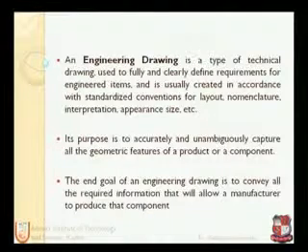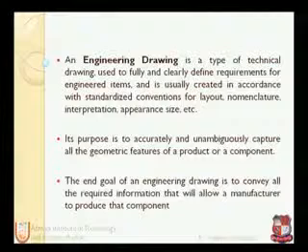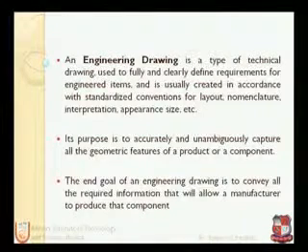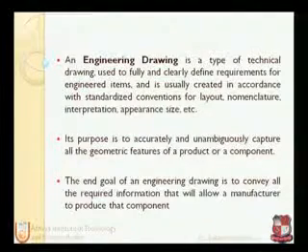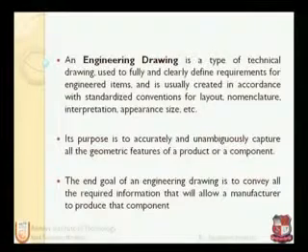By definition, engineering drawing is a type of technical drawing that conveys fully and clearly the requirements of engineered or designed items. It is usually created in accordance with standard conventions, layout, nomenclature, interpretation, appearance, size, etc. Here comes the standard; later we will discuss what a standard is and how it is used.